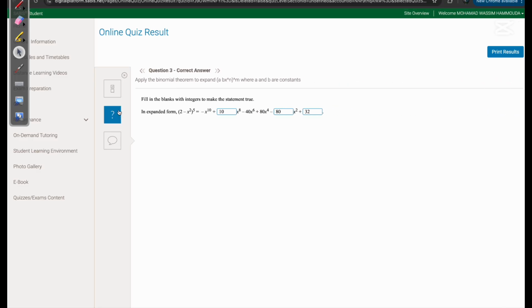Number 3. In expanded form, 2 minus x squared to the 5 is equal to.